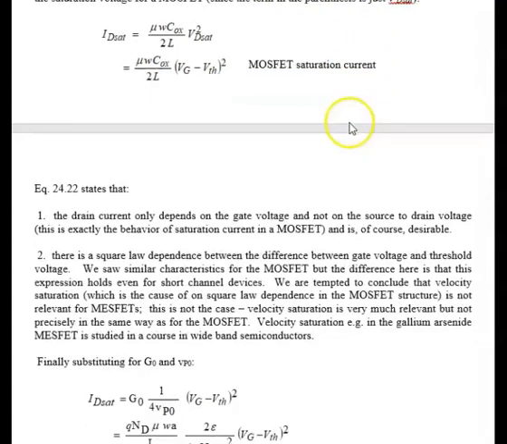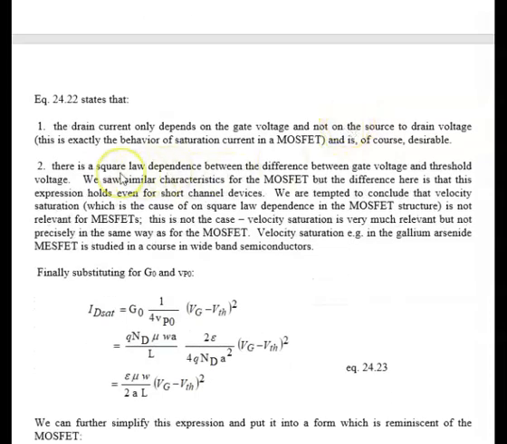And there are 2 little statements we can make about equation 2422. The drain current, IDSAT, depends only on the gate voltage and not on VDS. If it depended on VDS, we would have a voltage controlled resistor, which is not good at all.